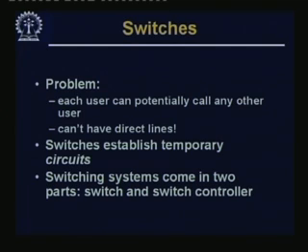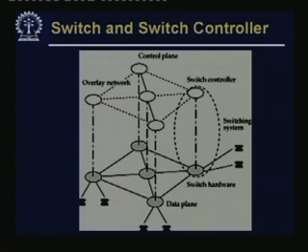That means they establish a temporary connection between the caller and the callee at the switching station, and switching systems come in two parts. One is the switch and the other is the switch controller. So, we will just have a look at this switch and the switch controller.